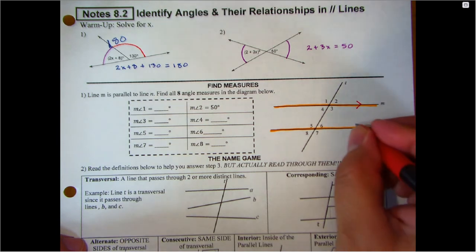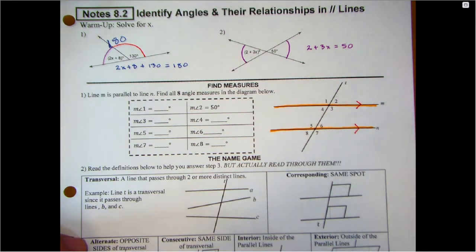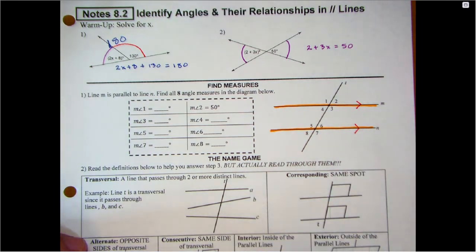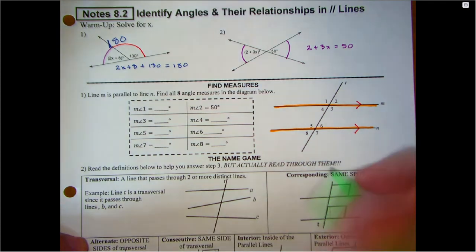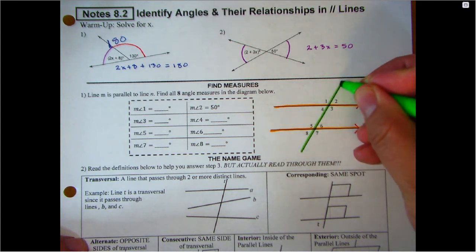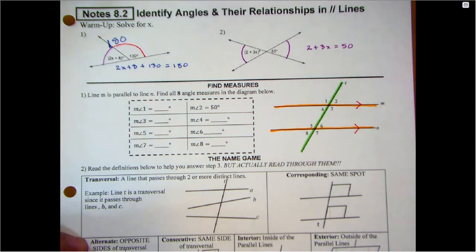It's like a little arrowhead, and it represents the fact that these two lines are parallel. They're running in the same direction, which means they're never going to cross. But if you notice, there is another line that we're dealing with here, and they're using the letter T. We're going to see this vocab word show up in a little bit. But because of this line, look at all the angles we created.